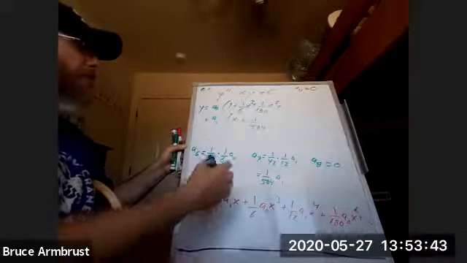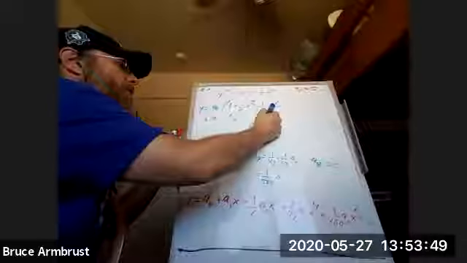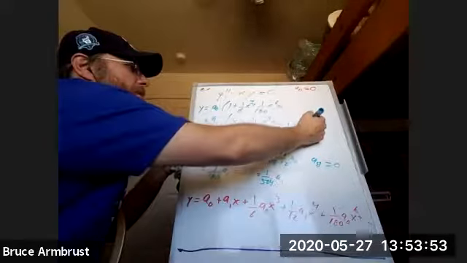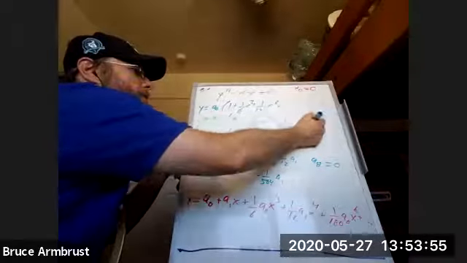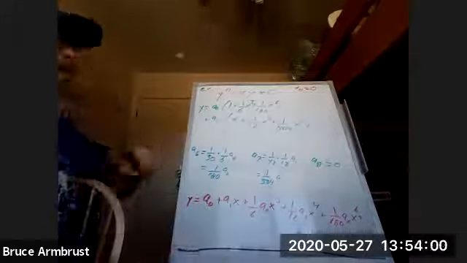What was our x to the 4th? Was it 1/12? It was 1 over 12. 1/12, okay, thank you. 1/12 x to the 4th plus 1 over 504 times x to the 7th plus dot, dot, dot.